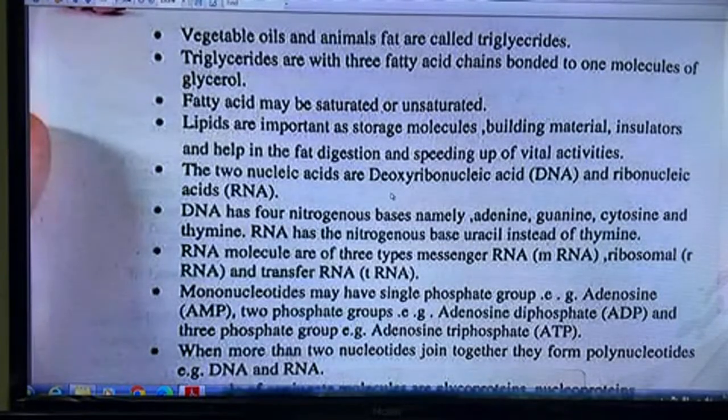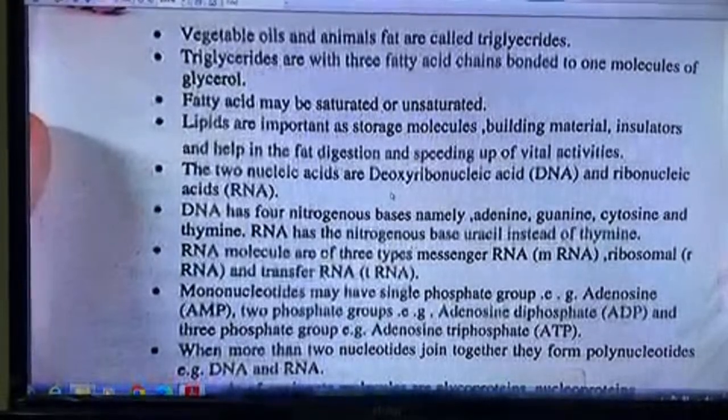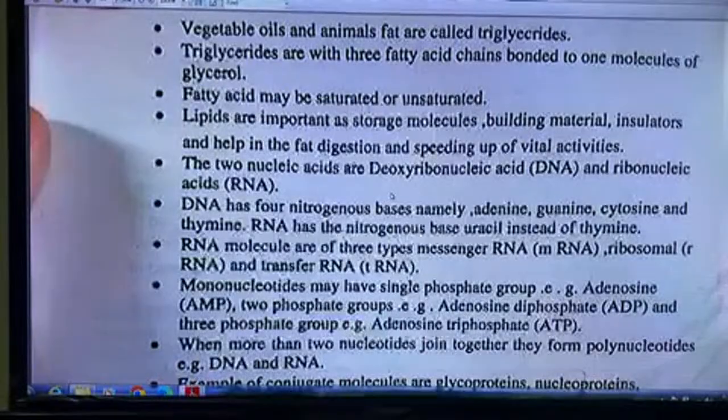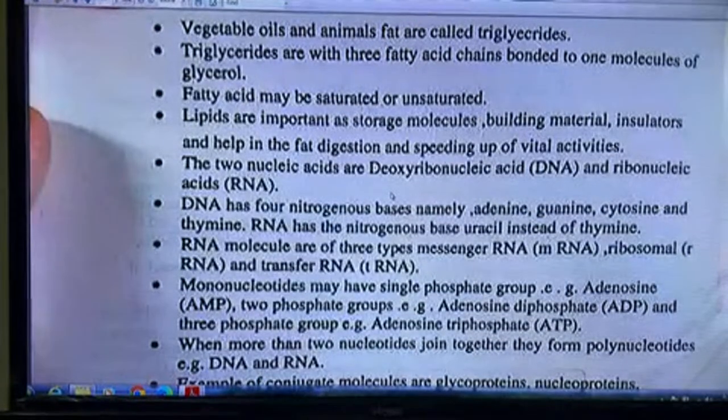Triglycerides are made of three fatty acid chains bonded to one molecule of glycerol. Fatty acids may be saturated or unsaturated. Lipids are important as storage molecules, building material, insulators, and help in fat digestion and speeding up of vital activities.